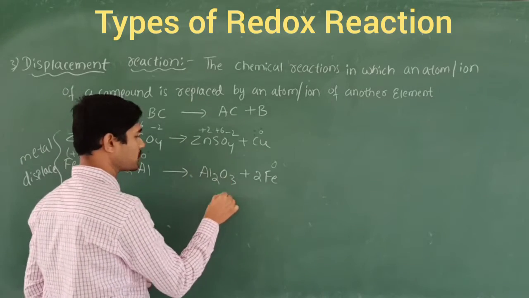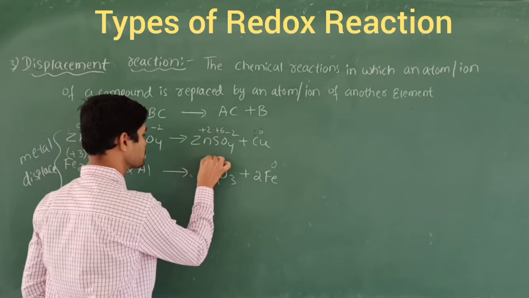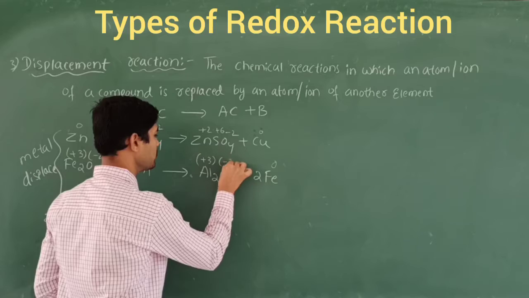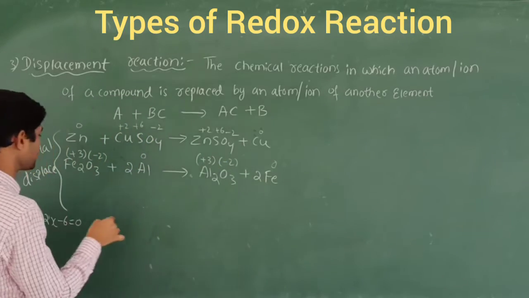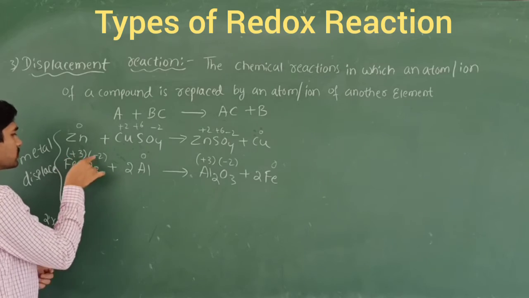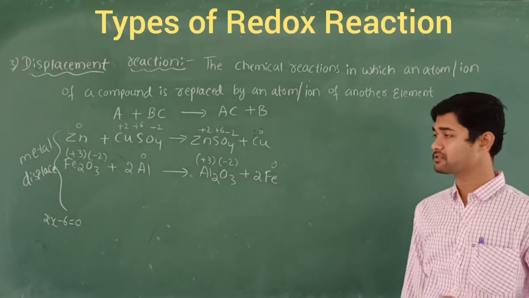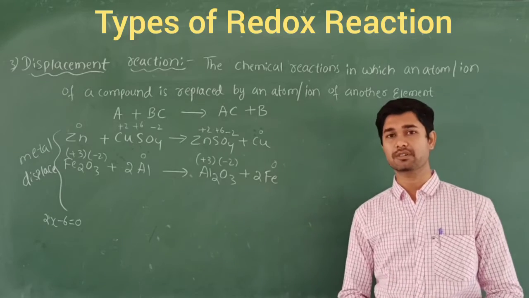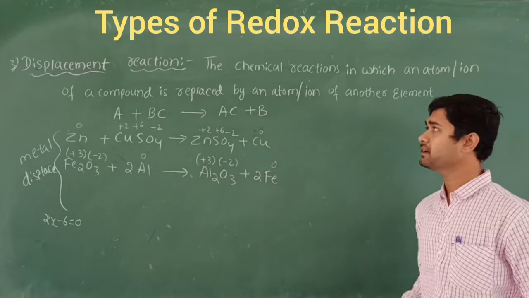Or you also know the cross rule: that comes as +3 and this is -2, so this 3 comes here and this 2 goes like this here. This is called the crisscross rule, and by the crisscross rule also we can find the oxidation number. So these are the examples for the metal displacement reaction.